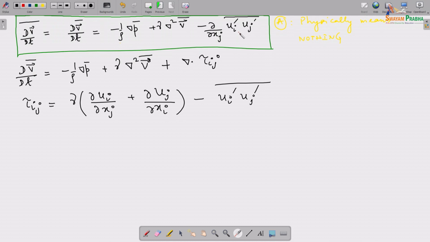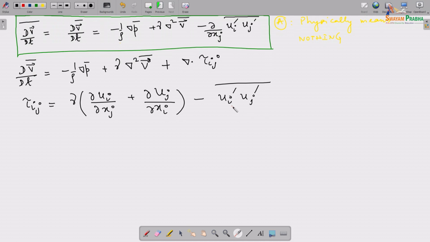Take, say, i equal to 1 and j equal to 1, that will be one term, and then take the gradient of tau 1 1 and see what you get. If I do that, this is what I get here.